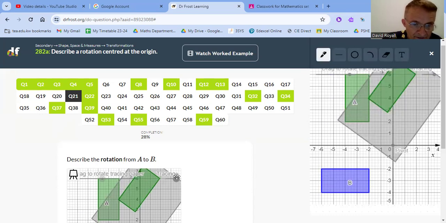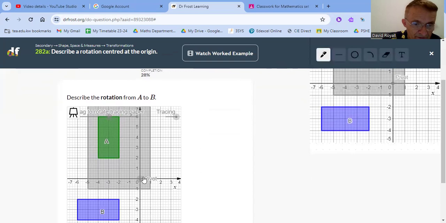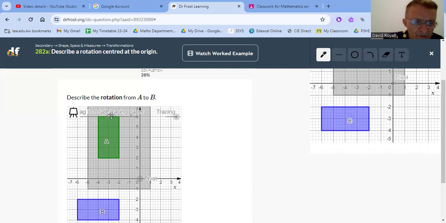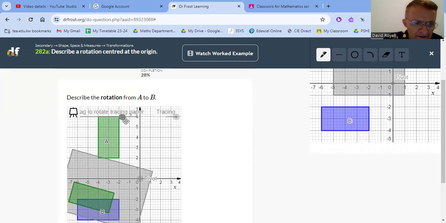So we start, let's move it to where it belongs. Okay, there's the pivot down here. So it's on 0, 0, pivot. And we're going to go anti-clockwise 90 degrees. Take us there, so that confirms it's 90 degrees.